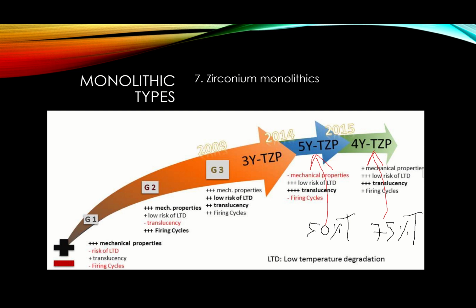More tetragonal phase zirconia in the zirconia content of that block, a stronger product. Less tetragonal phase zirconia in the zirconia content of that block, less strength. This is what I want to talk about: strength in relation to tetragonal. More tetragonal, stronger; less tetragonal, weaker.